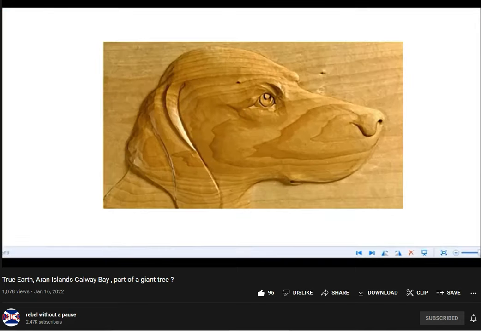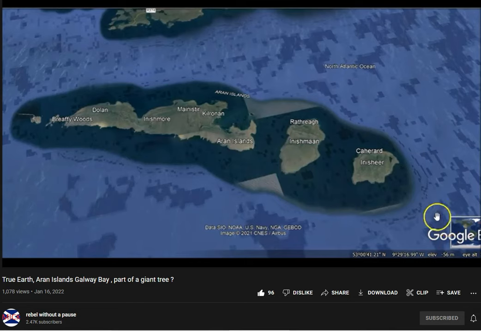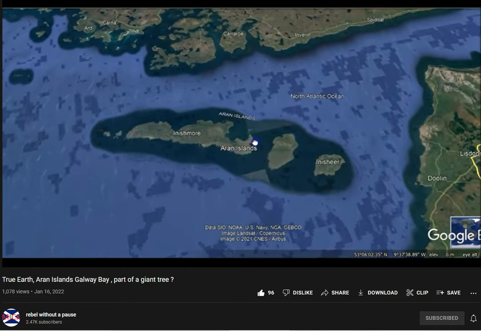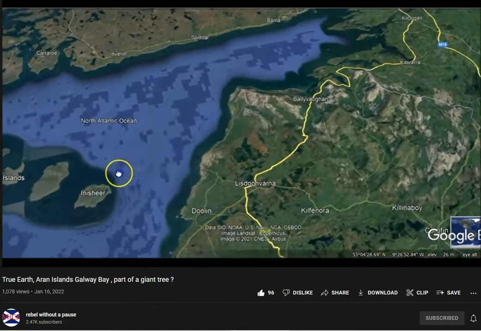And this artist probably saw this piece of wood and immediately envisaged a dog's face. It made it happen. Right, so what I'm saying is this could be a giant log stuck in the mud. And then I thought, well, let's see if there's anything nearby that could back that up.